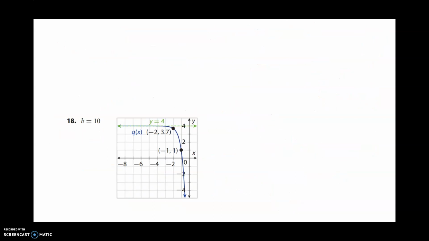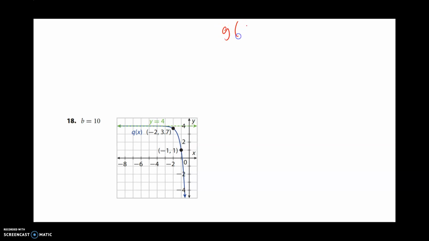All right. I might have missed one. Well, here's 18. So 18 is where I'm giving you points and an asymptote. I'm giving you the graph, and you need to write the equation for this graph.